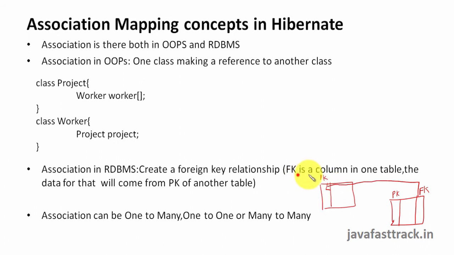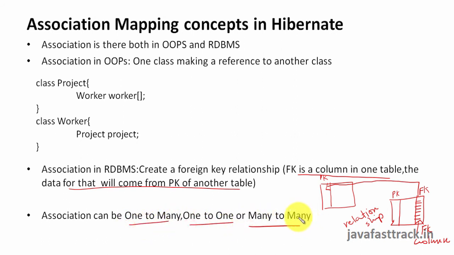A foreign key is a column in one table whose data will come from the primary key of another table. This is how you create association or relationships in RDBMS. Association can be one-to-many, one-to-one, or many-to-many.